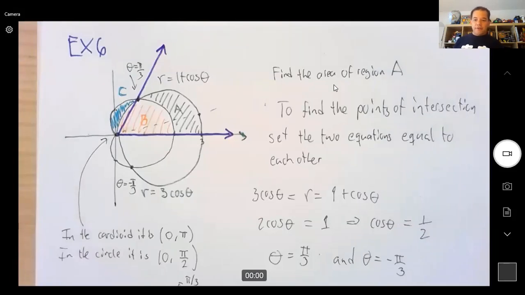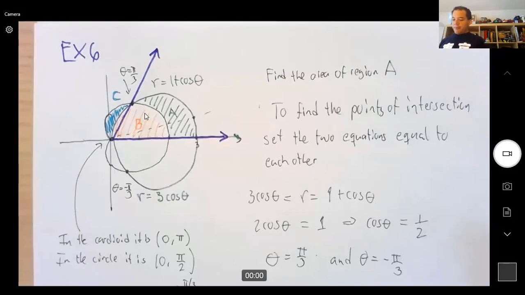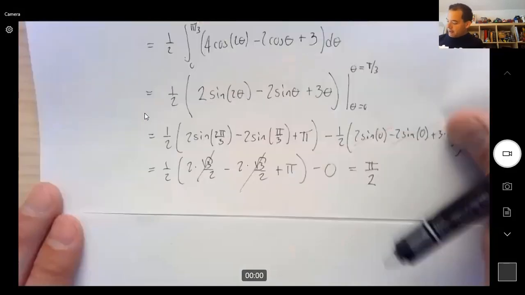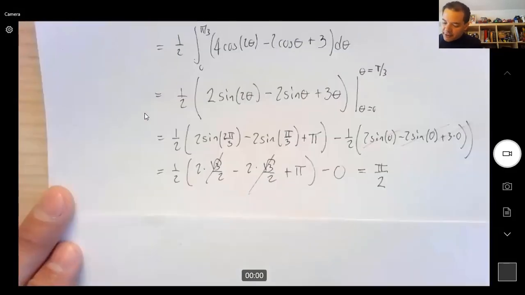So what we can do is take the area of this half a circle, which is easy, right? We don't need to do any integral for that. And then just subtract the area of A. We could do it with an integral as well, but that would be like doing extra work. So let's set it up the easy way.